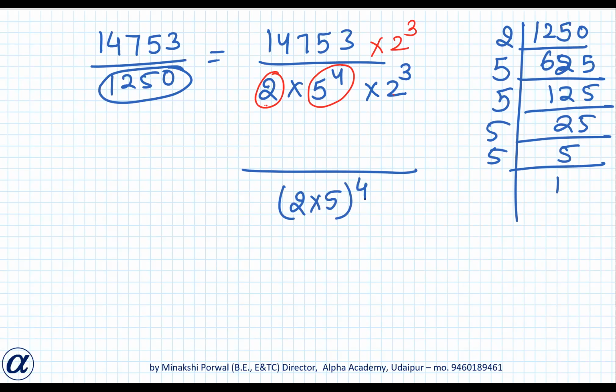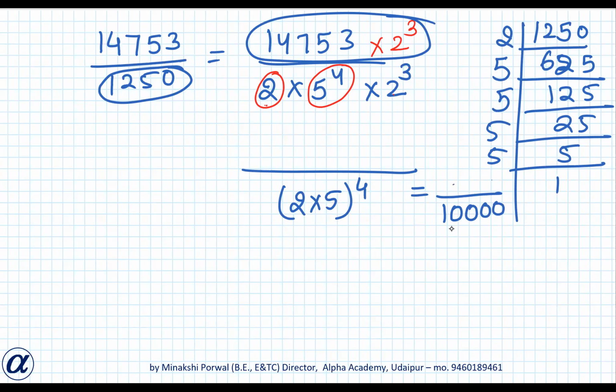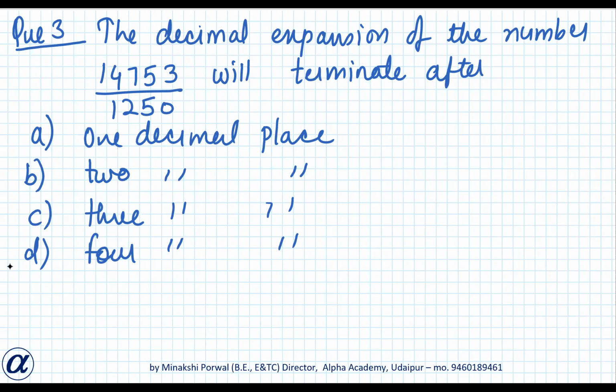Okay, that means how many zeros in the denominator? Denominator 1, 2, 3, 4. Okay, so whatever this number will come, उसके right से 4 digits छोड़ के decimal point लगेगा. Okay, so जितने zeros आएंगे basically 1 के बाद in denominator, वो इतनी decimal places के बाद terminate होगा. Okay, so 4 is the correct answer.